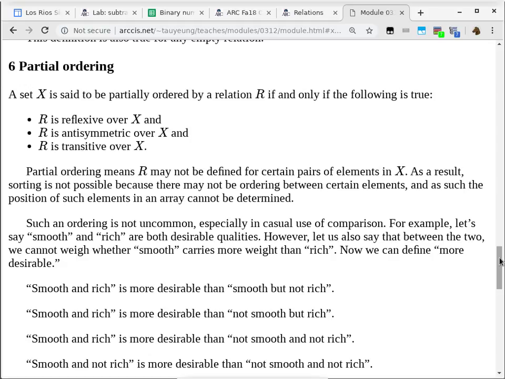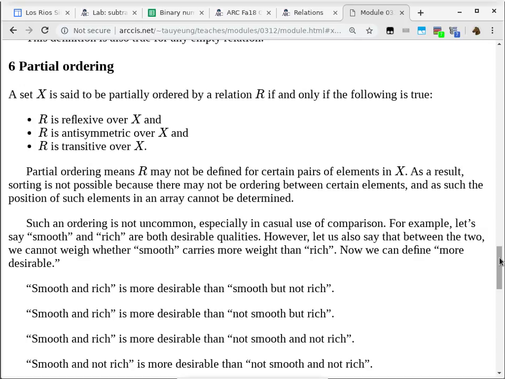So is less than or equal to reflexive over integers? In other words, if I ask you, of all integers that you can represent in any programming language, is a particular integer value less than or equal to itself? Check. Is it anti-symmetric? In other words, if I got integer x, I got integer y, and if I tell you x is less than or equal to y and y is less than or equal to x, does that imply x and y have to be the same value?